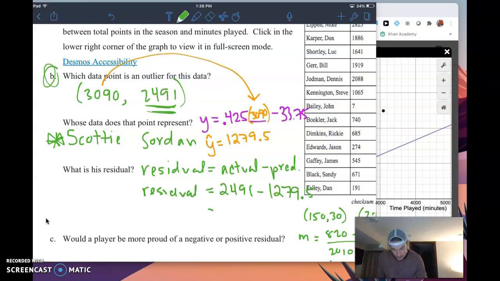And this works out to be 1,211.5. Now that is our error. That's how far we were off by. And in Scotty Sorden's case, being off by that many points over a season, yikes! That's not good, right?